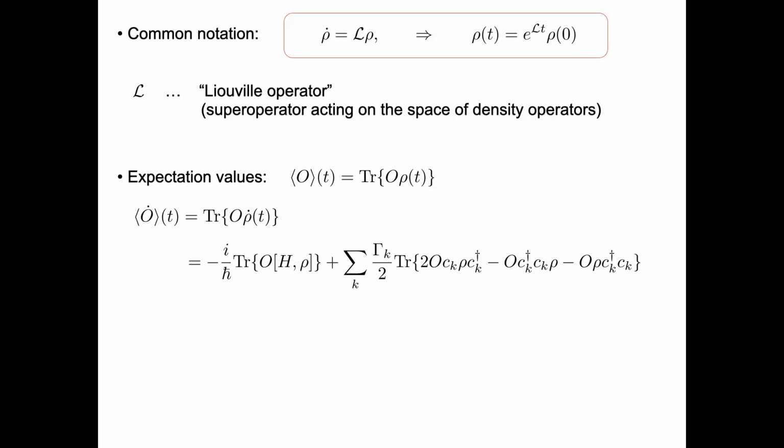The first term is O H and rho, and the second term is trace O rho H. But under the trace, I can put the H on the other side. And all together, I now get a trace: you see OH minus HO, so the commutator of O and H, multiplied by rho. And that's nothing else than the expectation value of the commutator of O and H.